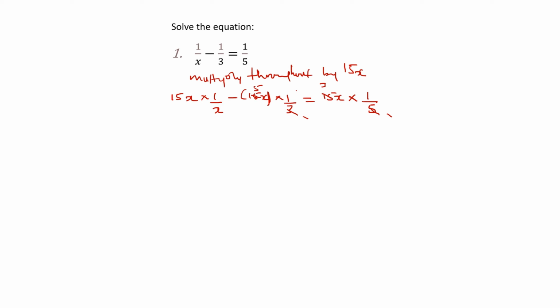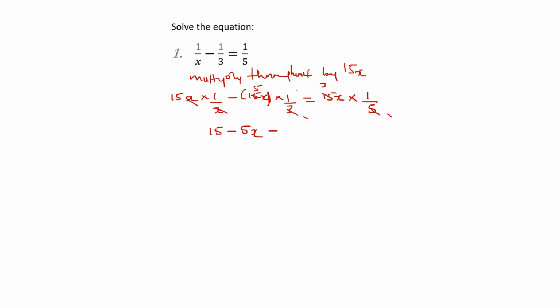So here x cancels the x, so we are left with 15. 15 multiplied by 1 is 15, minus, you write your minus sign. We are left here with 5 and x, remember we didn't cancel x, so we are left with 5x. 5x multiplied by 1 is 5x.